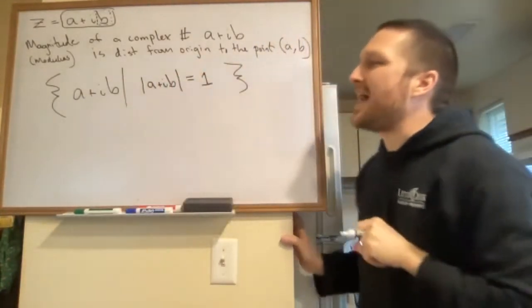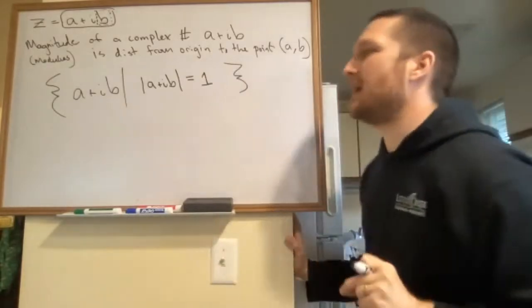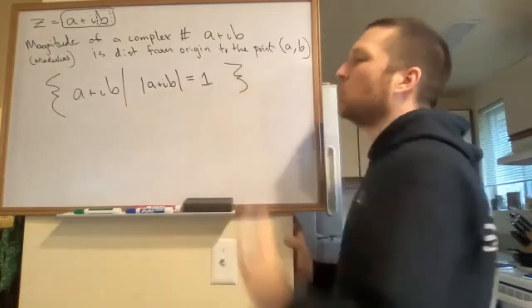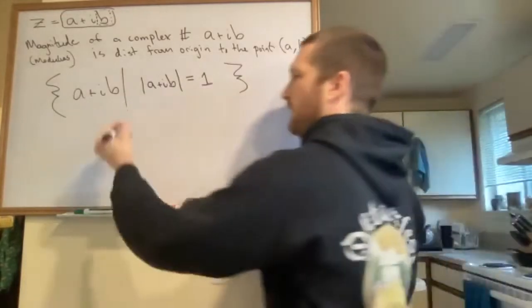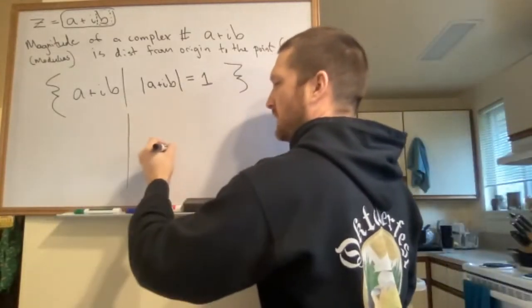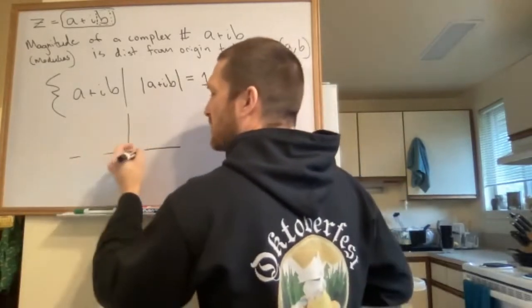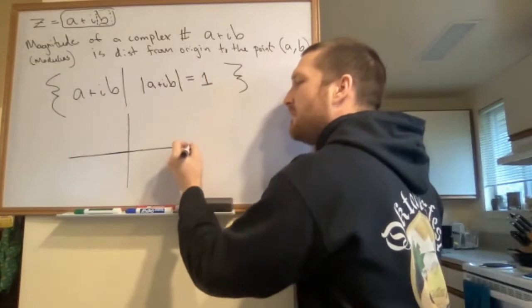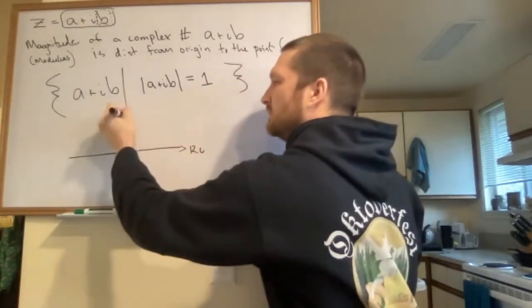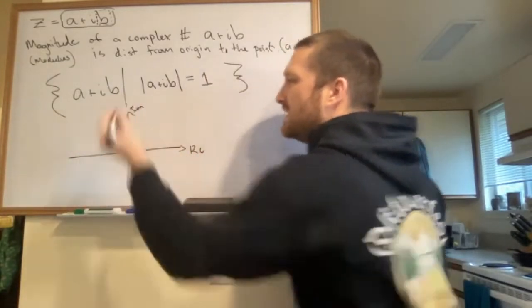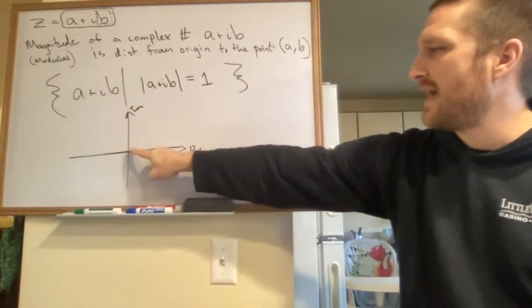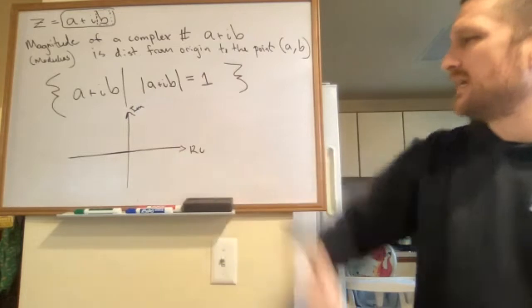We want to graph the set of complex numbers such that their magnitude is equal to 1. We're talking about the distance from the origin. Let's think about that. This just means the distance from the origin out is equal to 1.